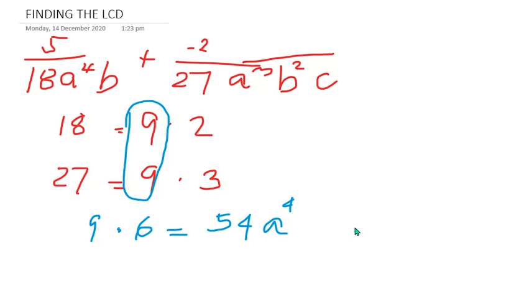Then, B. So, we have 2 and 1. The highest is 2. And then, you will copy C. You just multiply. So, the LCD is 54, a to the 4th, b squared, c. Understand? Okay, another example.